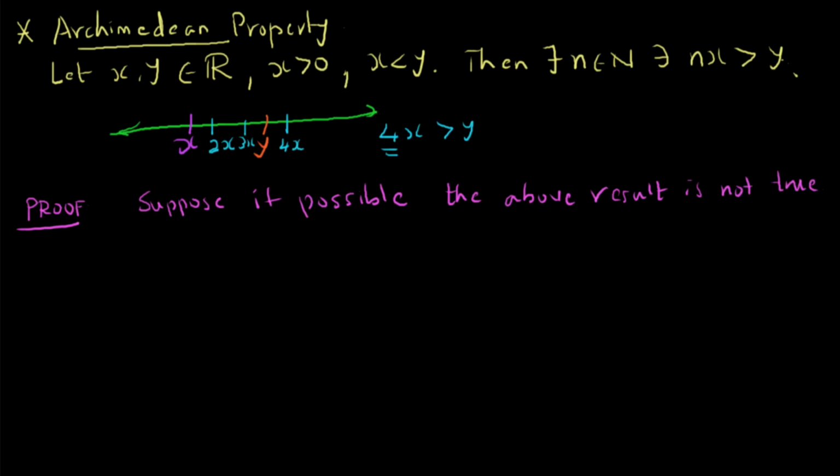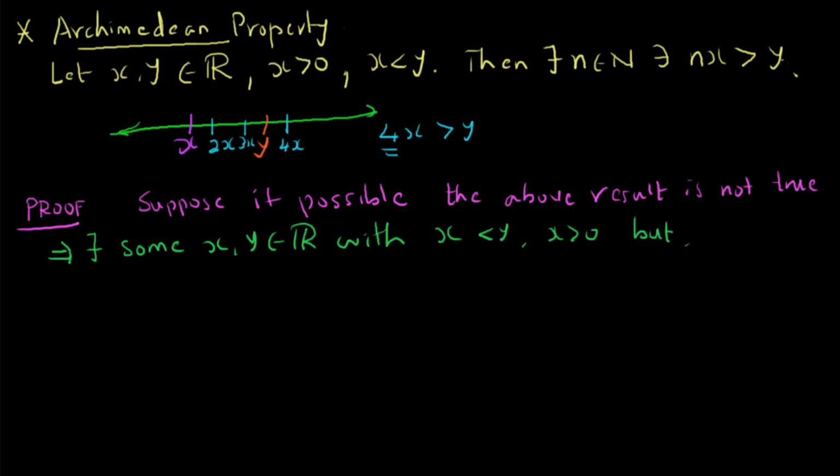What does this mean? This means there exist some real numbers, say x and y in R, with x less than y, x positive, but this nx greater than y condition does not hold.